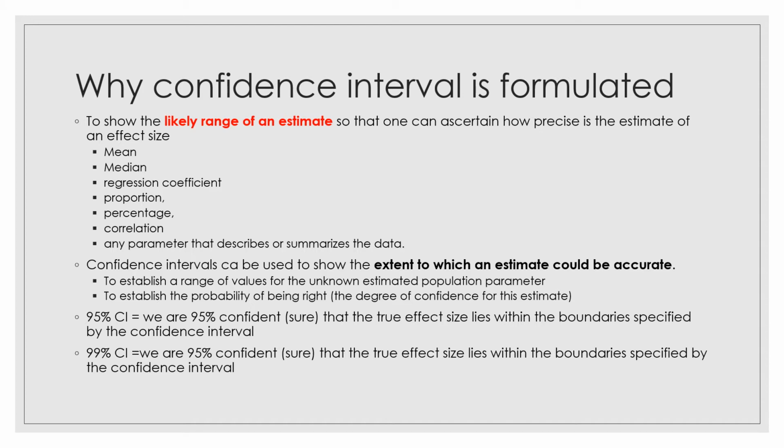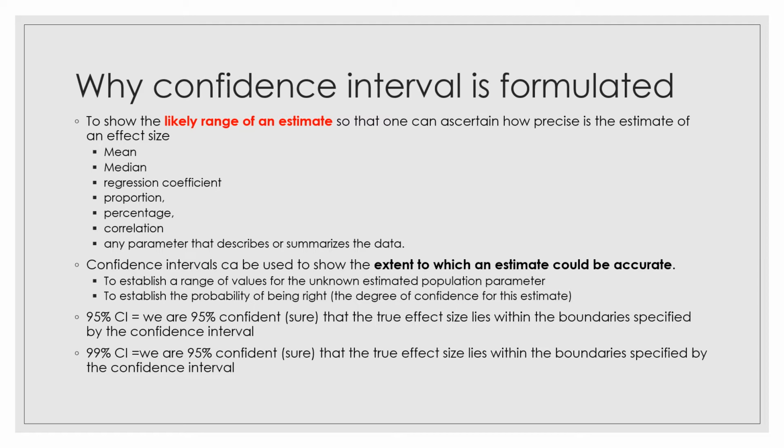The confidence interval is constructed to establish a range of values for the unknown estimated population parameter, as well as the probability of being right. And this probability of being right is also called the degree of confidence for the estimate.